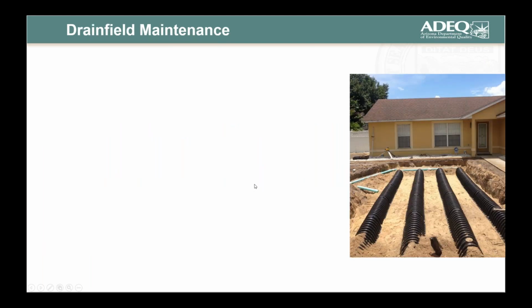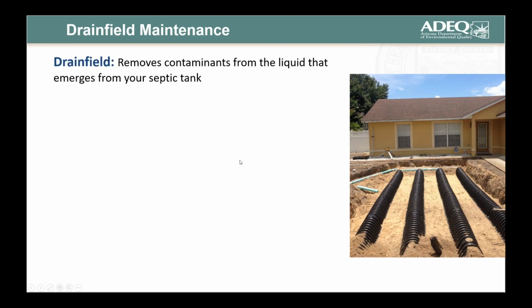can. Now, let's think about drain field maintenance. So here is what I call a compact lot septic system setup. We see the disposal field is exposed here, looks like chambers. The drain field removes contaminants from the liquid that emerges from your septic tank.